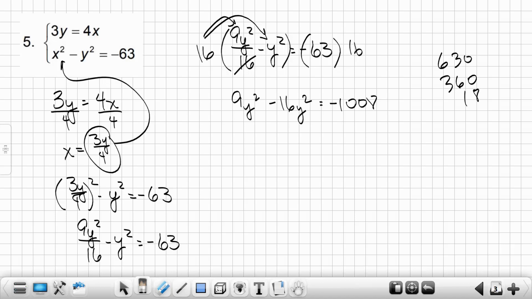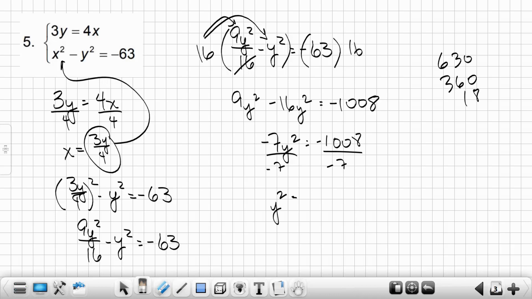So let's go ahead and combine those. What's 9 minus 16? Negative 7. Okay. Negative 7y squared equals negative 1,008. Divide both sides by negative 7. That's going to give me a positive number, thank goodness.